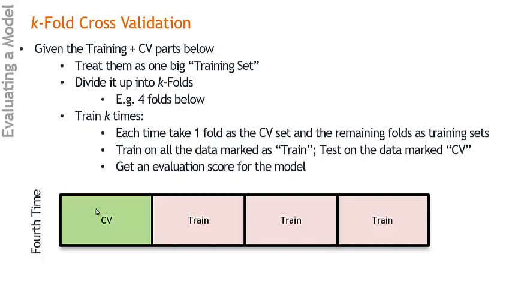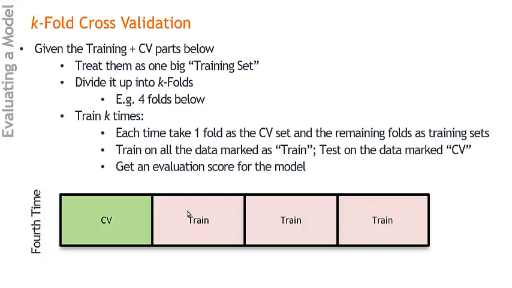As I said, it could be the mean squared error, or it could be the precision or accuracy or F1 score. And what that gives you is an evaluation plus a kind of error bar, because you have more than one number. If you just have one number, you're not really sure how accurate that number is. But if you do it 4 times like this, you have a spread of numbers, and that will give you some idea of how good your model is.